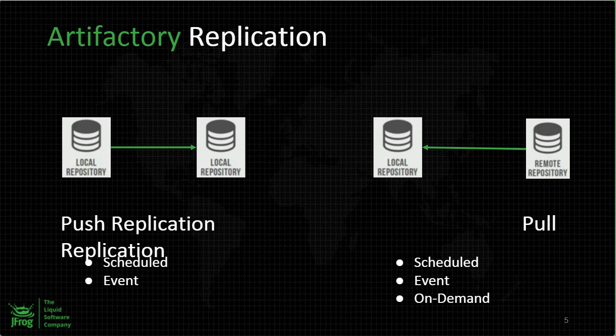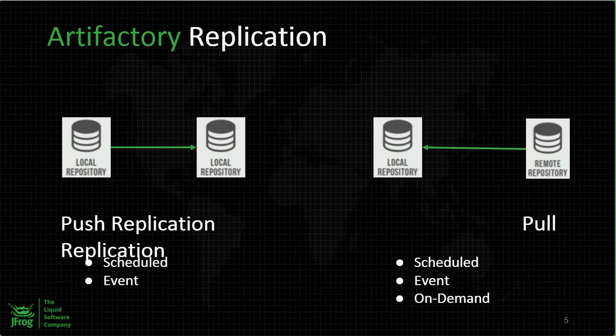Whereas in pull replication, you're pulling the artifacts from the source to the target. As the slide says, you have a local repository, same example, in US. And in the European setup, you set up a remote repository, and you ask for certain artifacts to be pulled.